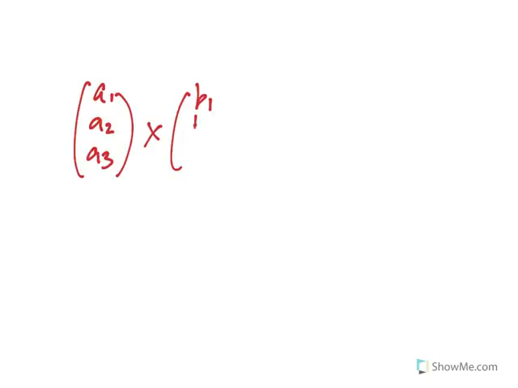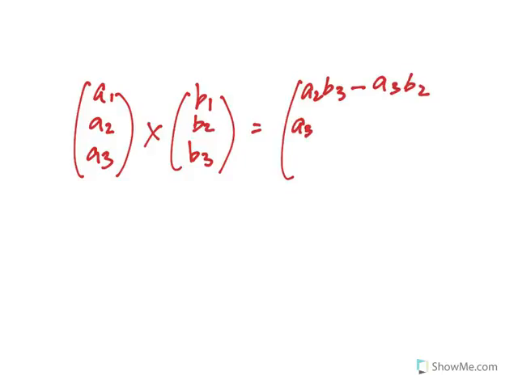So the result follows that if you have A1, A2, A3 vector product with B1, B2, B3, this will give you A2, B3 minus A3, B2; A3, B1 minus A1, B3. Remember, cross out the second row, write down and crisscross the two rows underneath.